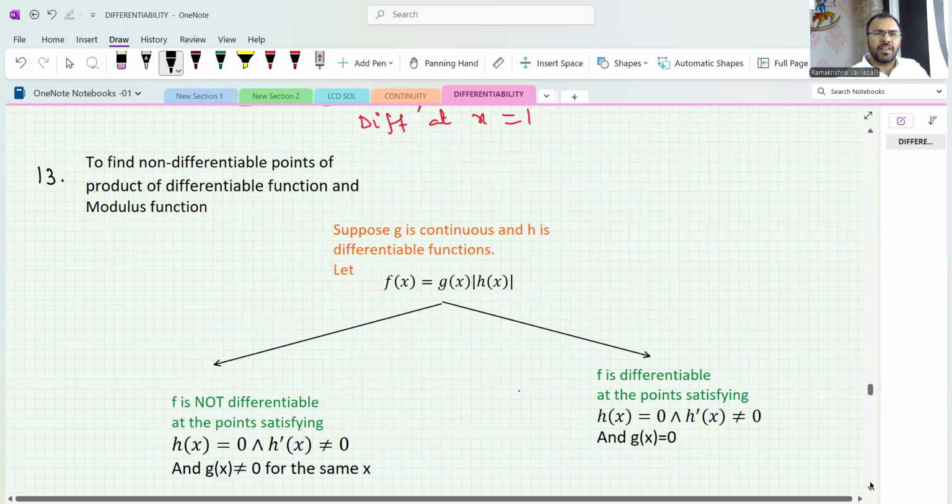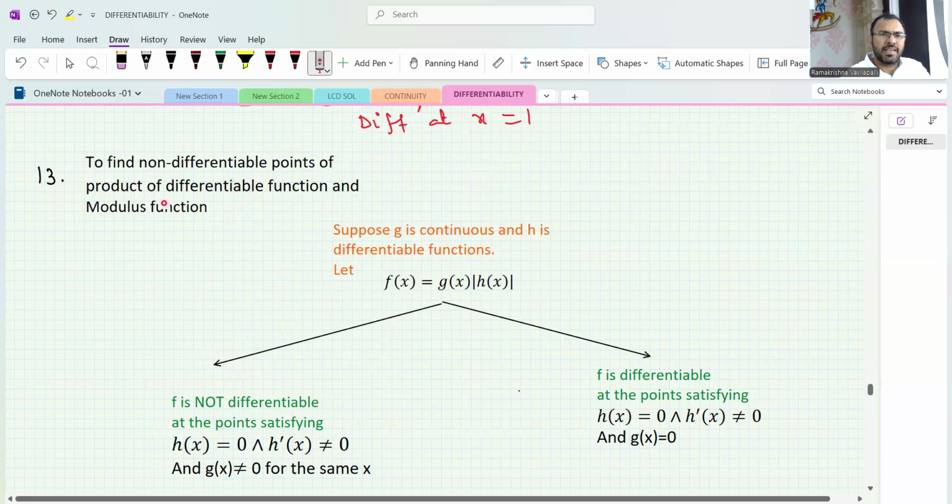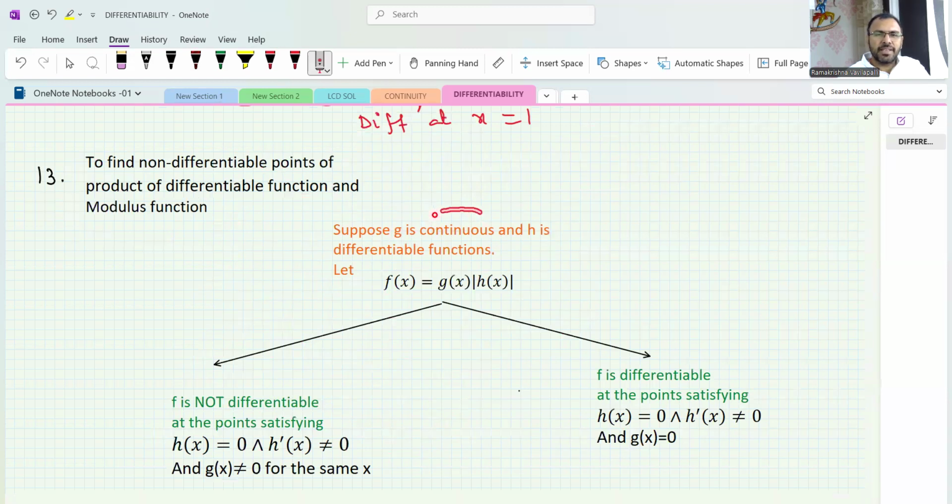To find the non-differentiable points of a product of a differentiable function and a modulus function. In fact, it is not necessary that it be differentiable; even a continuous function is enough. Suppose g is a continuous function and h is a differentiable function, and we have taken f of x equal to g of x into modulus of h of x.